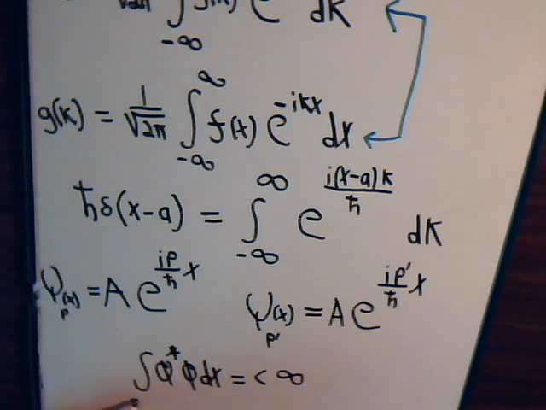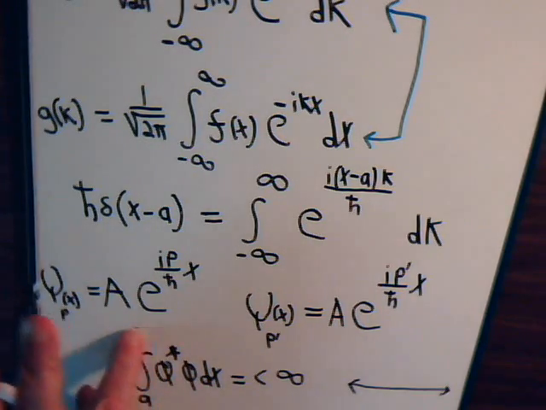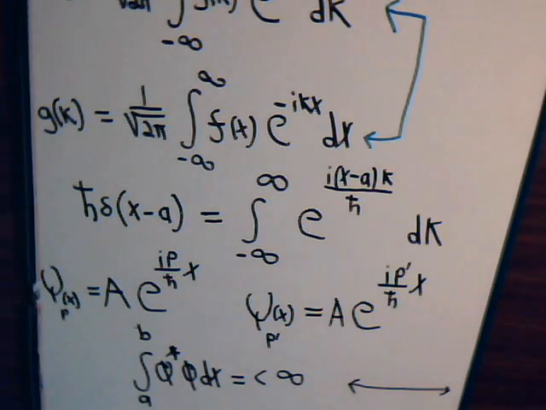Whether we're integrating from 0 to infinity, that is going anywhere along the x-axis, or whether it's just in some region along the x-axis, a to b. So what we're saying is that we want the inner product of the functions to be well behaved.